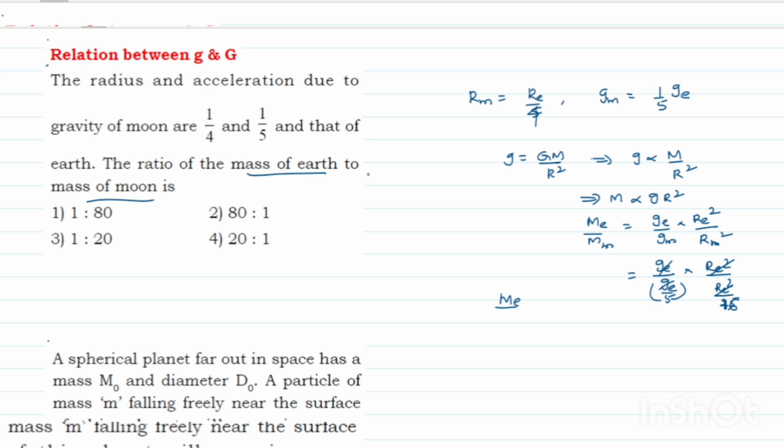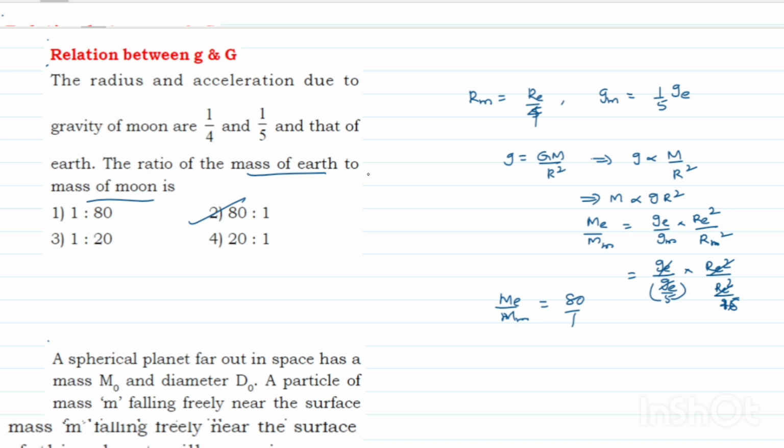So the ratio of the mass of the earth to the mass of the moon is g by g moon and R E square by R M square, so here 5 into 16 is 80. 80:1 is the correct answer.